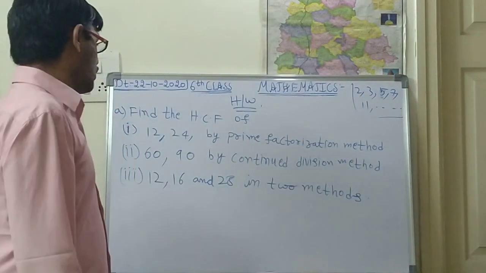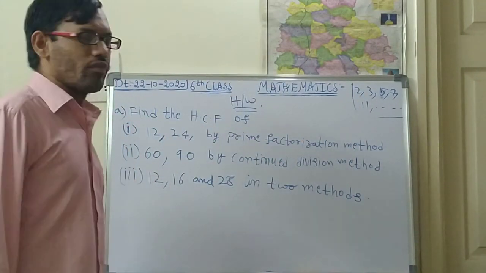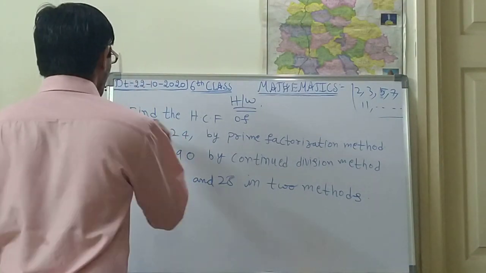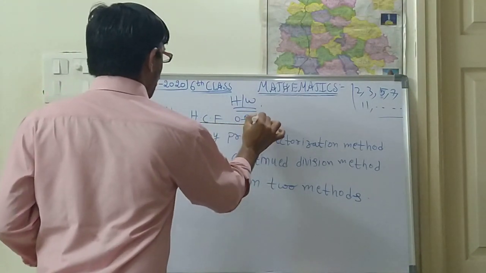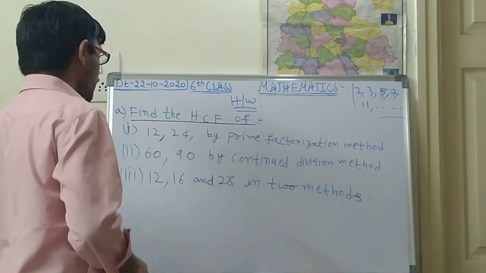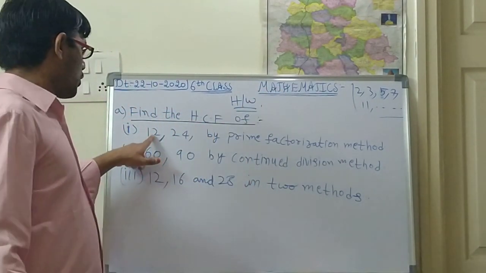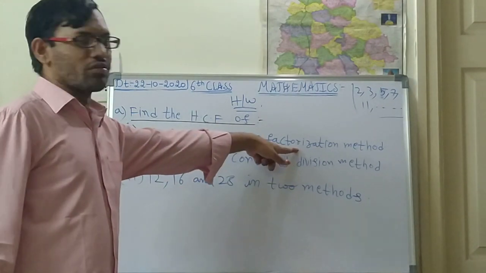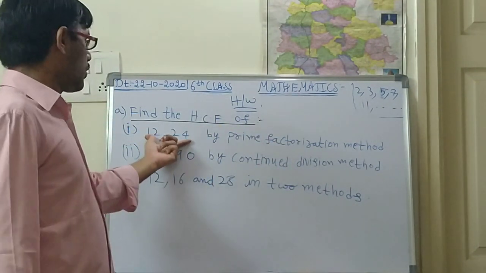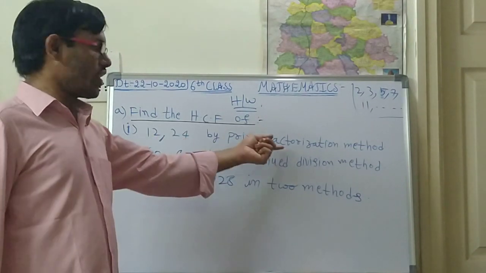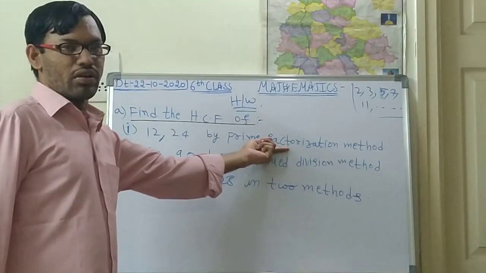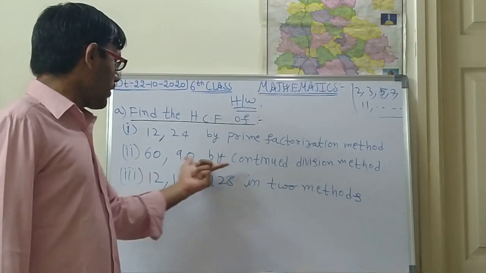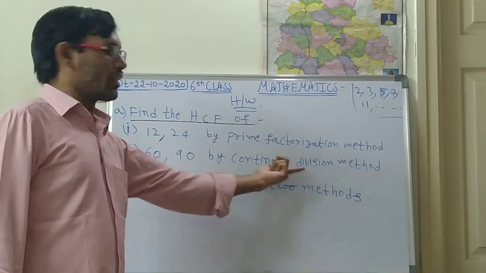See children, these are the homework problems. Find the HCF of 12 and 24 by the first method, prime factorization method. Next, second one, 60 comma 90, by the continued division method, the second method.